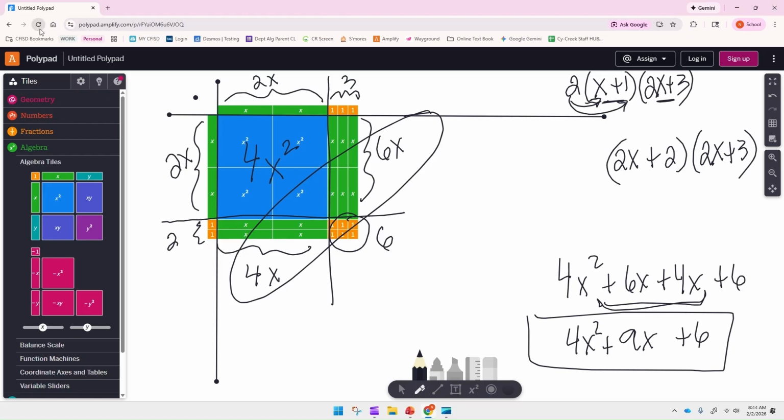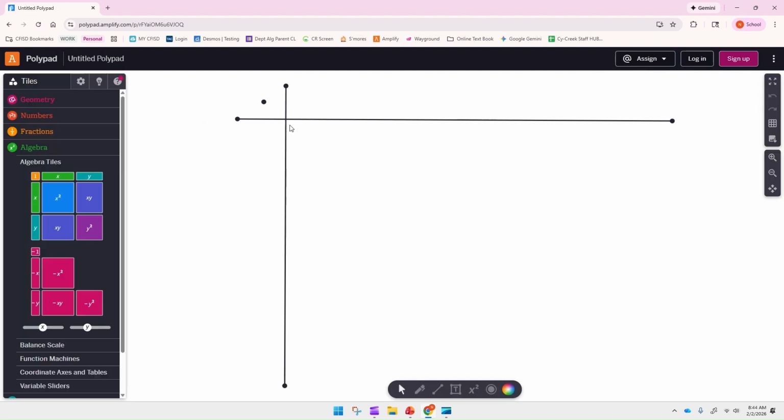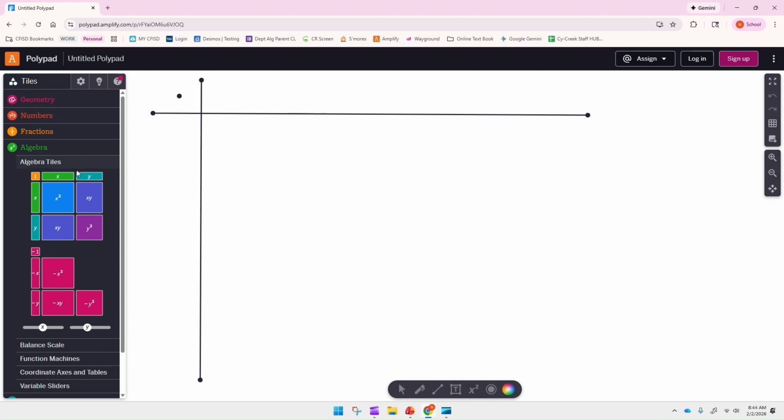You can refresh your polypad just by hitting the refresh button. Now I'm going to go ahead and move this over a little bit, and I have x. And then I have 3 negatives.